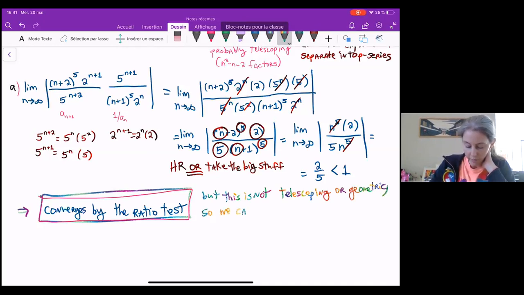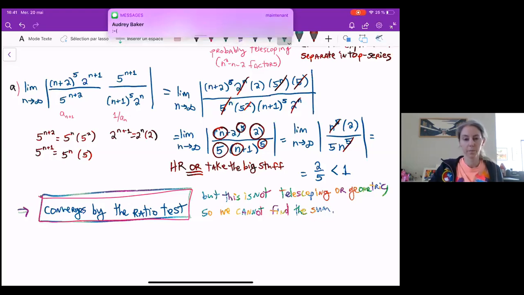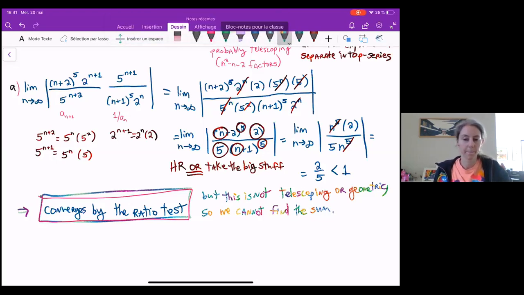So we cannot find the sum. Okay, any questions about that ratio test? Good. So let's move on to B.